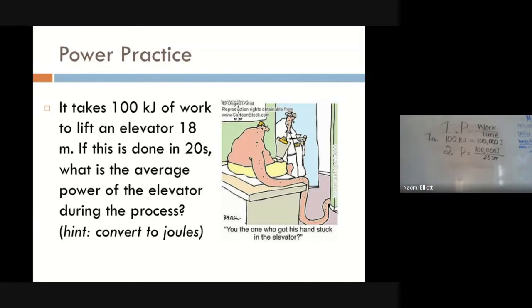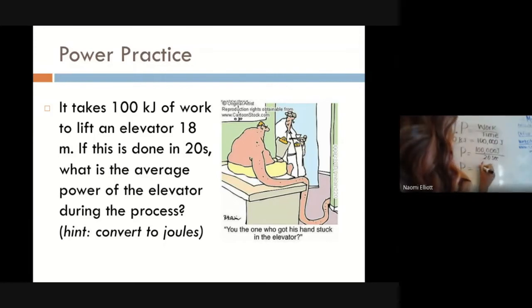We don't actually need that information at all to find out the amount of power. Okay, so I'm going to go ahead and solve this equation. Okay, and I'm going to get 5,000.